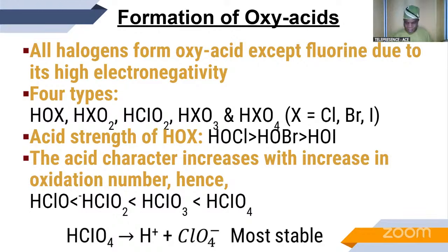We said earlier that all the halogens are diatomic in nature. So that's the electronic configuration. Electronic configuration ns2 np5. 7 electrons in the outermost shell.